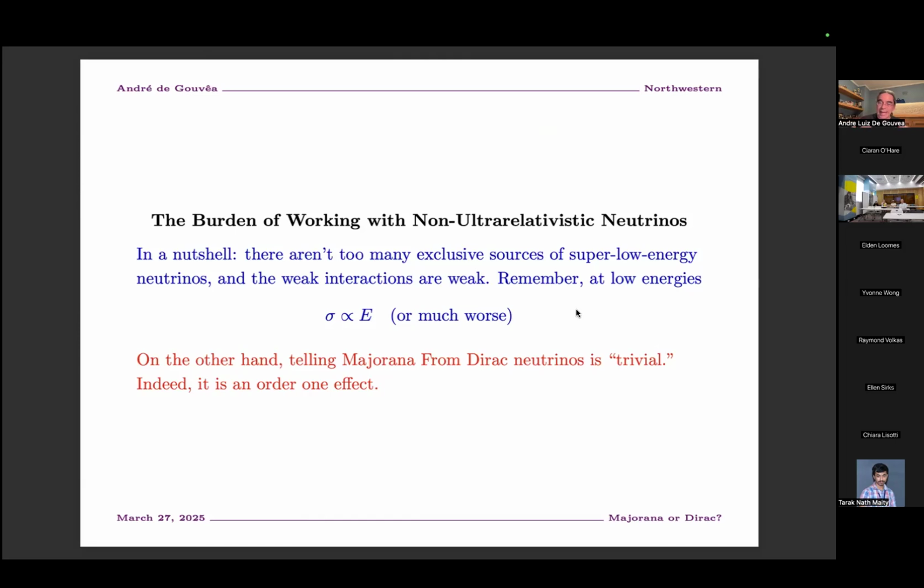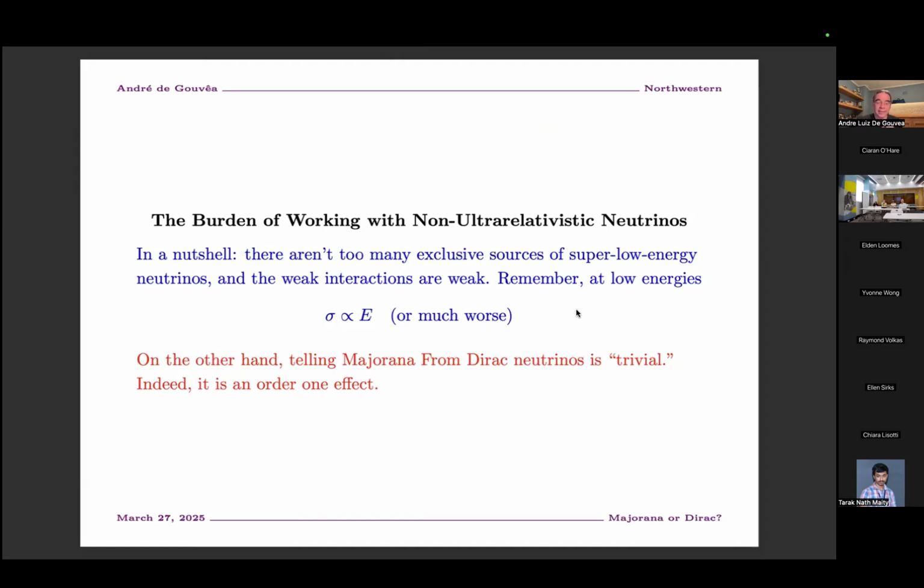And it turns out that as you go to low energies, in the case of neutrinos, even pretty high energies are low, the cross-section grows with the energy to some power. So that means that as the energy gets smaller and smaller, your cross-section is getting smaller and smaller, which means that whatever observable you've constructed, it won't give you a lot of statistics. Okay, so that's the problem.